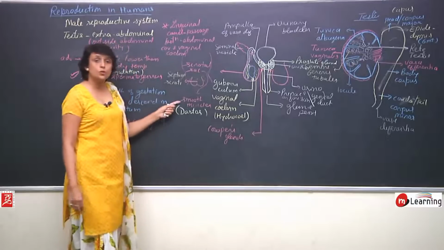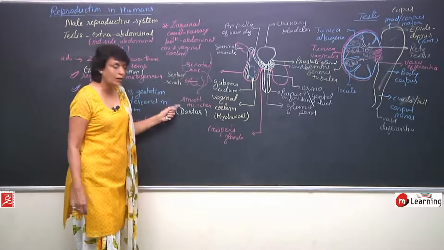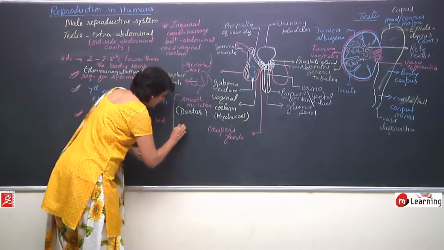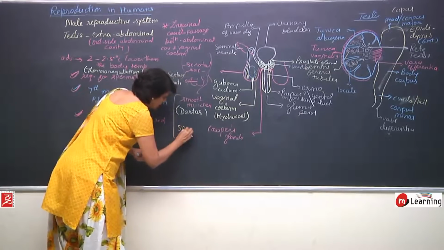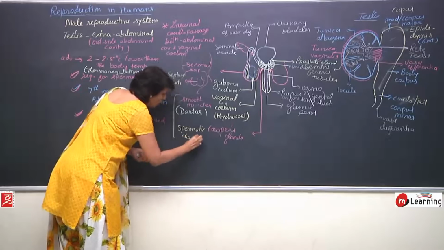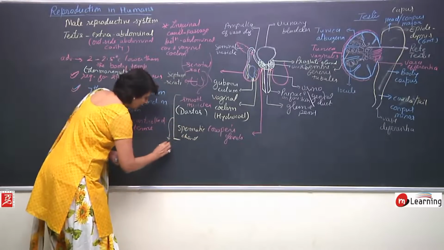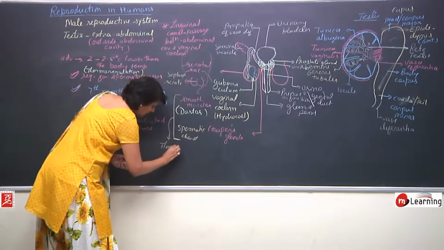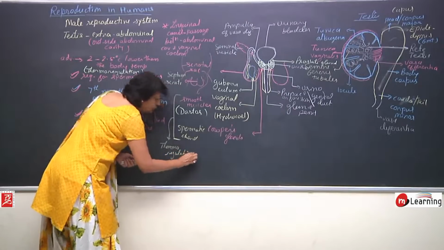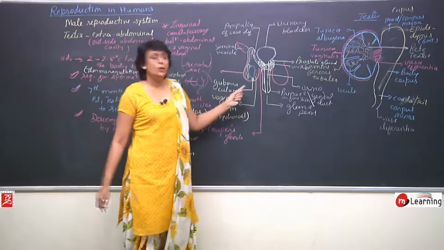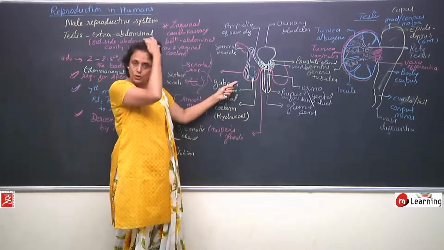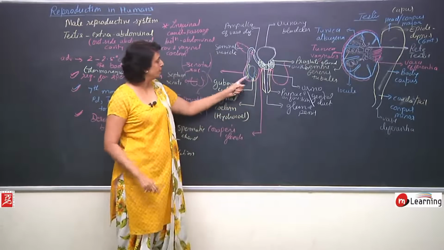So, the smooth muscles of the scrotum and the spermatic cord both help in thermoregulation. And the gubernaculum is the structure which holds the testes in their position. They do not let them move.